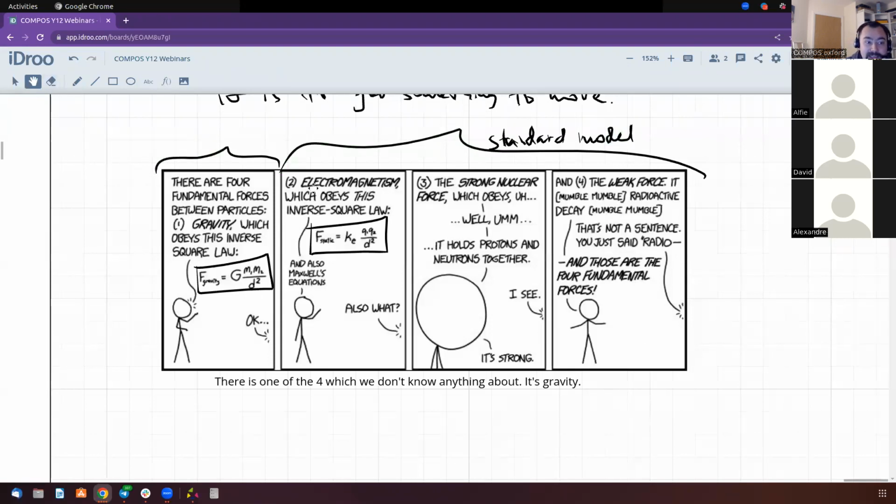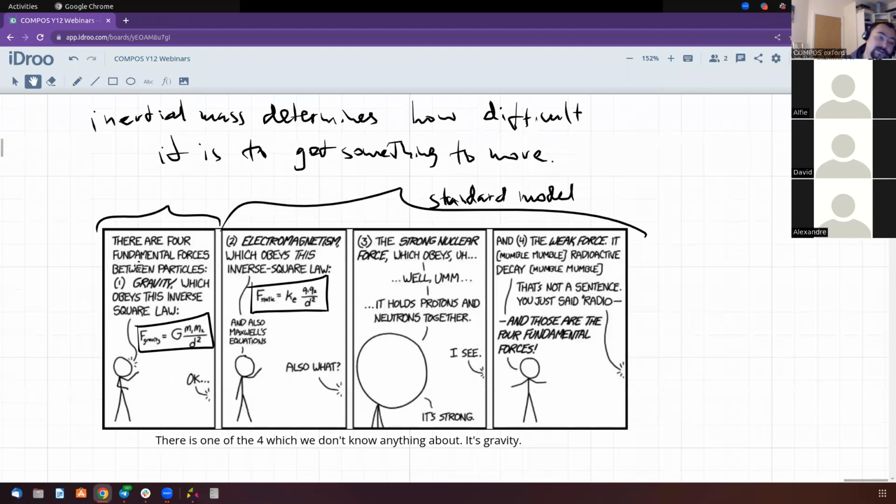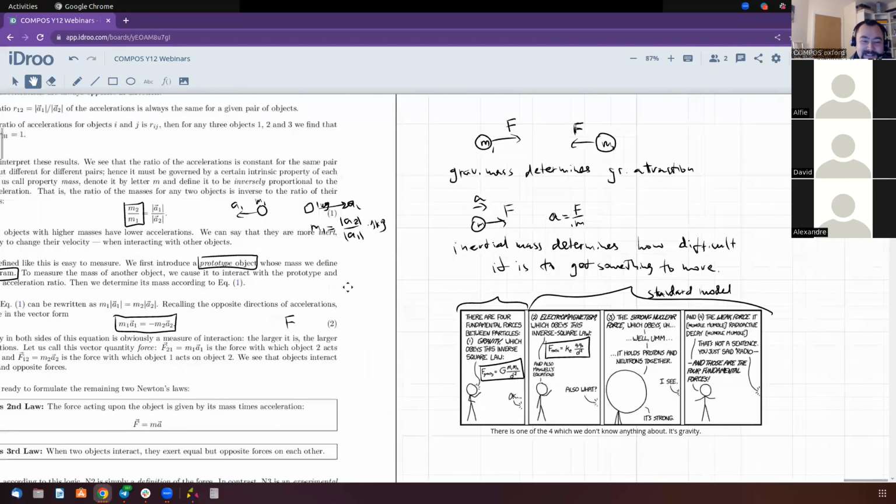So we either explain everything except gravity, or we just explain gravity without explaining the rest. Einstein's theory of general relativity does not explain the other 3 forces, and the standard model doesn't explain gravity. So we know very little about gravity, as a matter of fact.